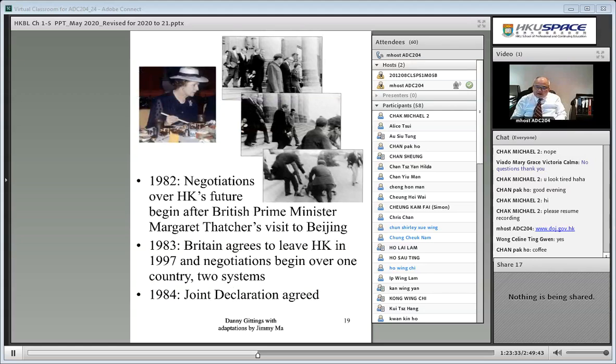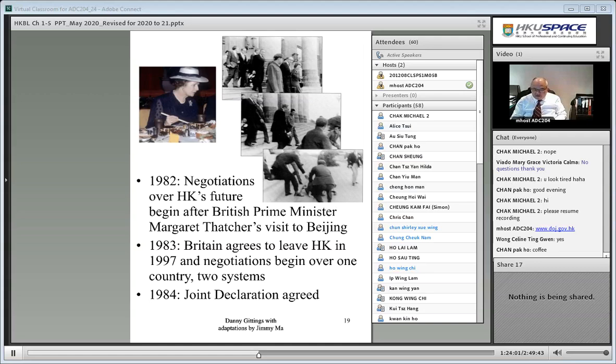A little bit dramatic here. In 1982, Margaret Thatcher visited Beijing. She fell down the steps, and that was considered as reflecting an adverse position of Britain under this topic.